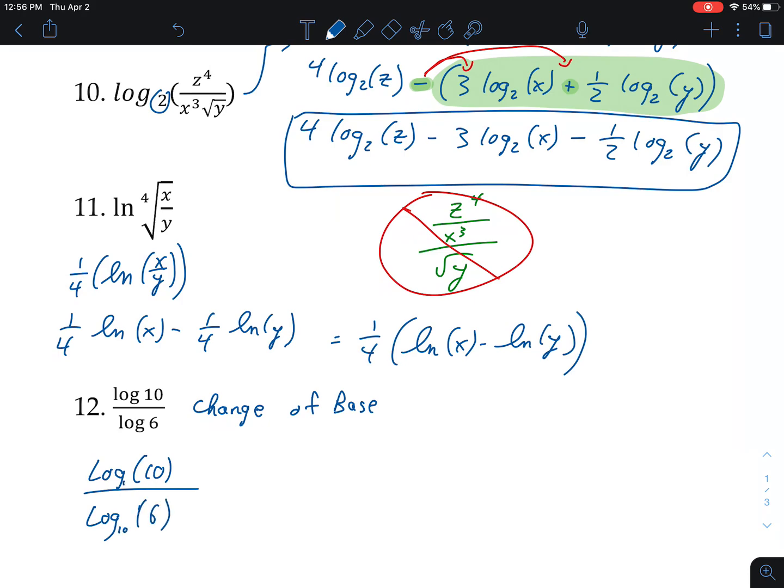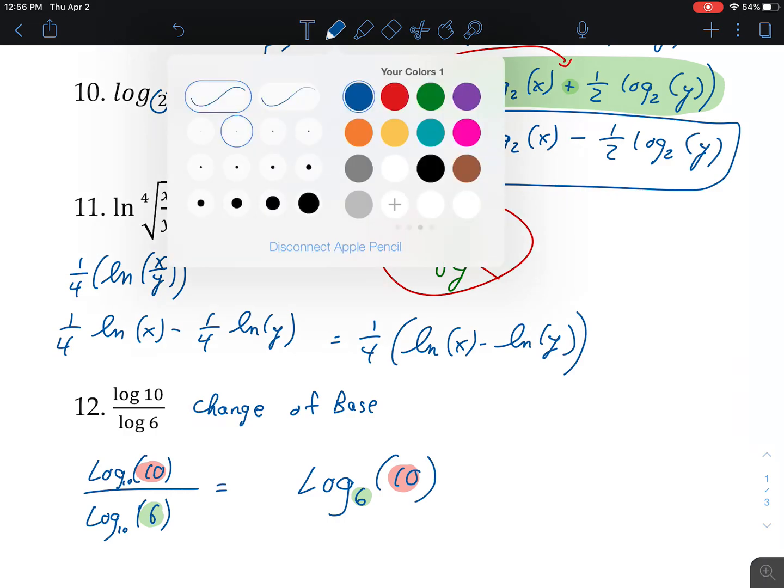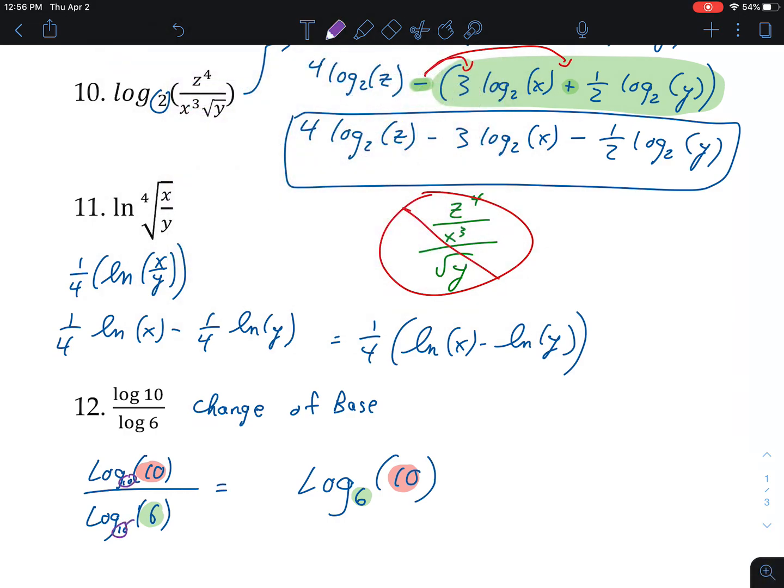These bases are 10. Okay, we write this as a single log, as this 6 is here, and then the 10 stays up top there, right? This base right here actually does not at all play into effect here.